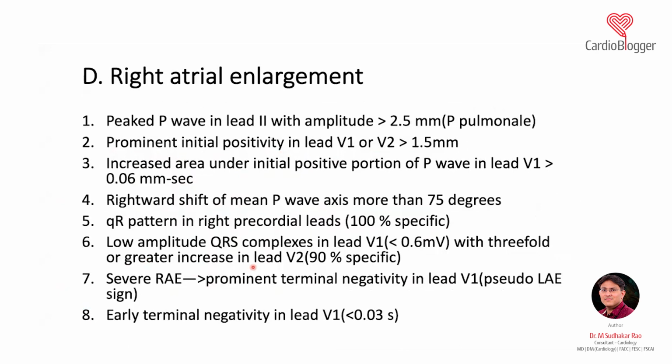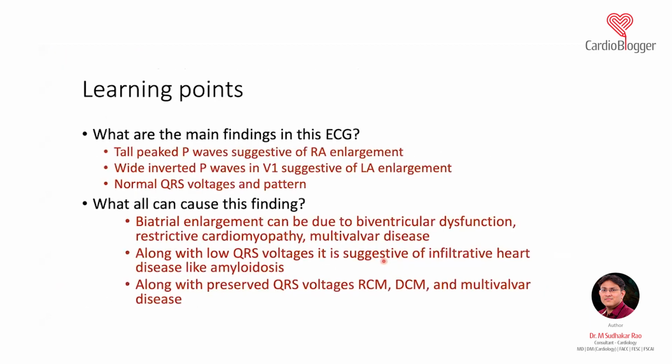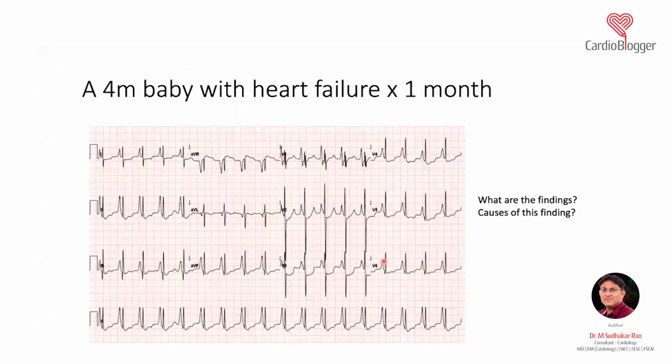Now, this is a very important thing: a low amplitude QRS in V1, which becomes 3-fold or more in lead V2. This is one way to differentiate a true left atrial enlargement from pseudo left atrial enlargement. As I told you, it can be a pseudo left atrial enlargement sign, but you can also comment that there is a true left atrial enlargement. But if you see the height of QRS, which was almost 8 mm, became almost 30 mm.